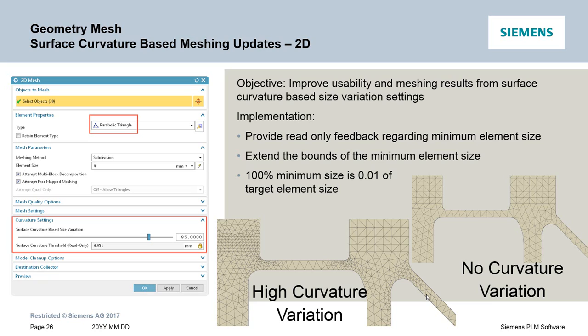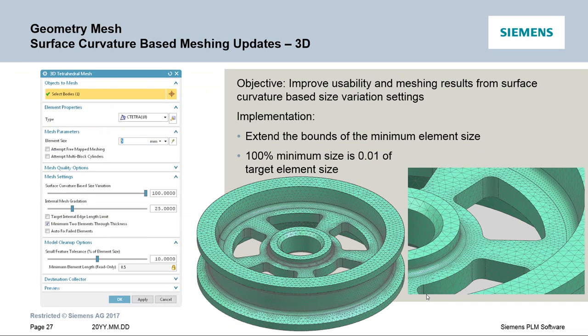We also have extended the curvature settings such that the 100% minimum size setting is now 1/100th of the target element size, so that you can get high curvature variation for the areas where there is high curvature in your geometry. And this is extended as well into the 3D mesher.